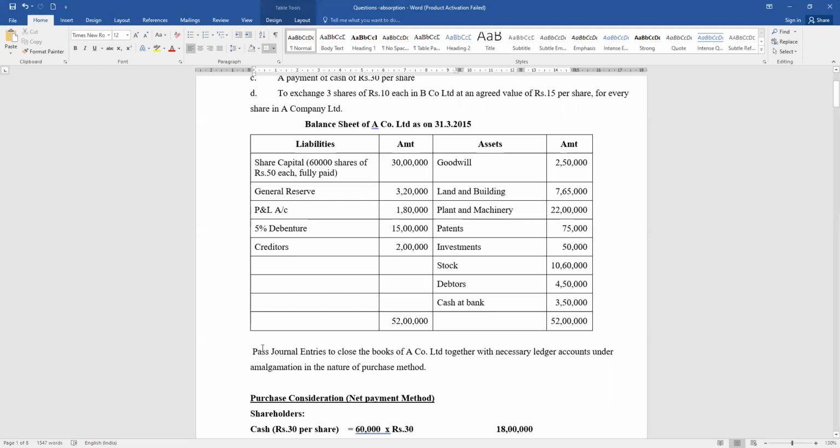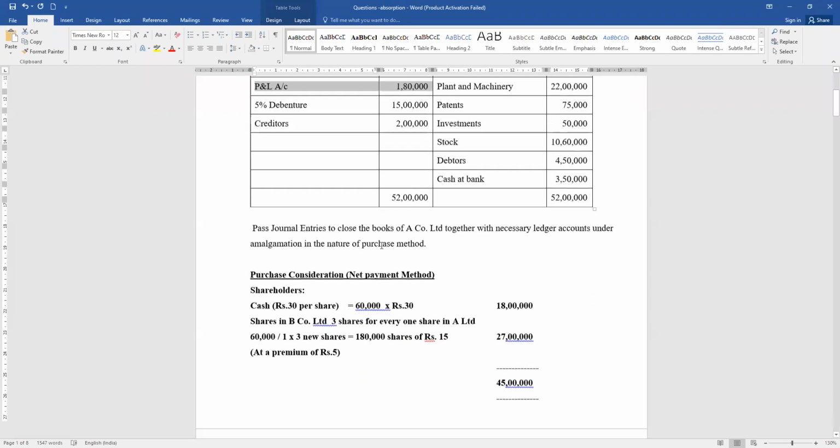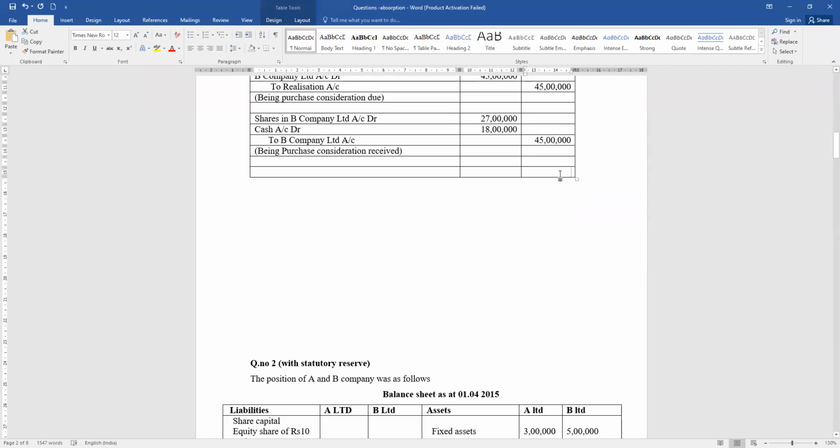Since all the assets were transferred to the purchasing company, there are no assets left on the asset side. On the liability side, we have transferred only two, and these three are pending. Share capital, reserve and P&L, all three should be transferred to the equity shareholders account. These are all credit balances, so you have to transfer to debit, and the credit should be the equity shareholders account.